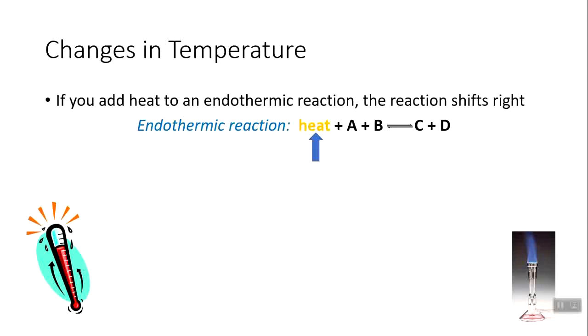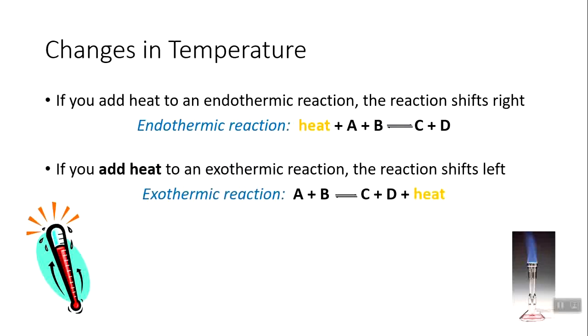According to Le Chatelier, it's going to push the reaction to the right to create more product. When I show you this arrow up here, I'm just indicating that equilibrium is going to the right, or equilibrium is going to the left.